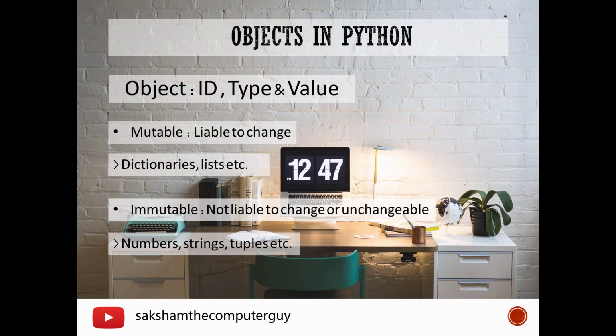And numbers, strings, and tuples are examples of immutable objects. In some cases, it may seem like numbers and strings are mutable objects, but you need not get confused. To find out if an object is mutable or immutable, you can use the function called ID. Now, whatever we have discussed in this presentation, let's try to implement that in real coding examples.